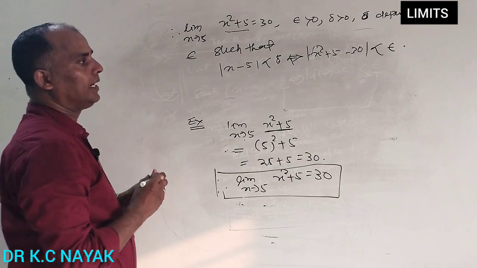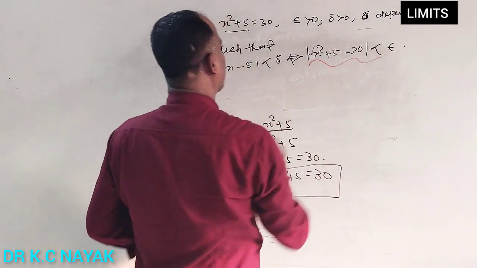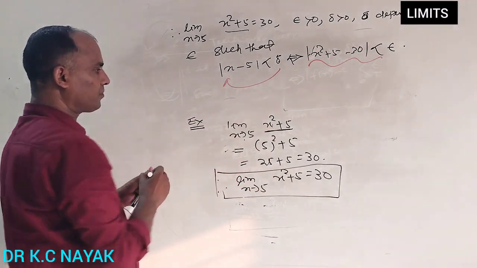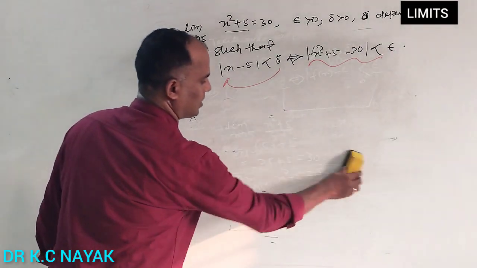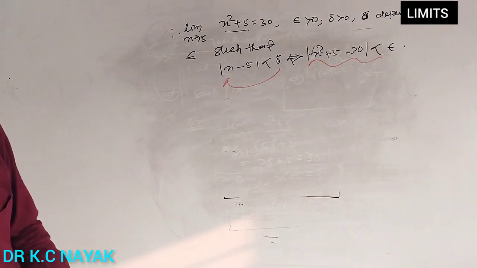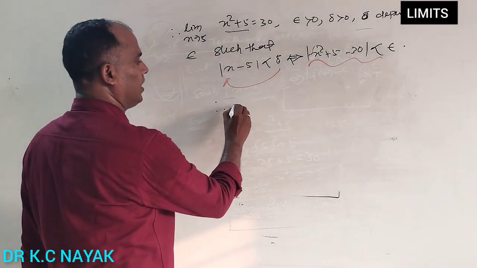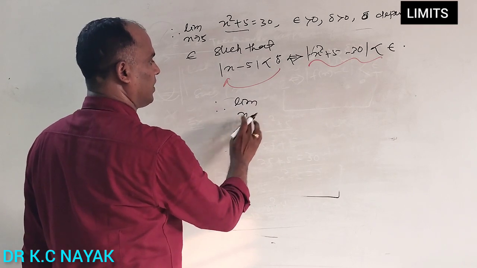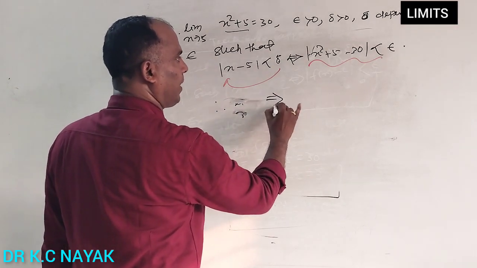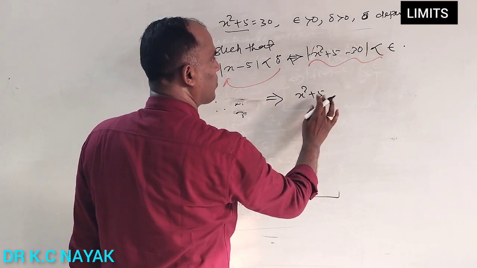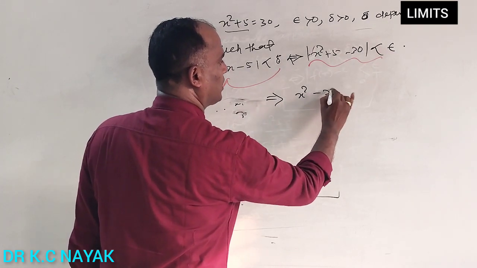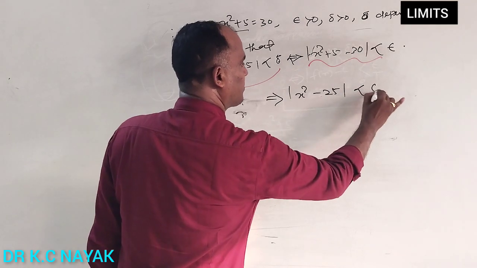First we take this part, then we prove this part. We take the right part: modulus of x square plus 5 minus 30, which means modulus of x square minus 25 less than epsilon.